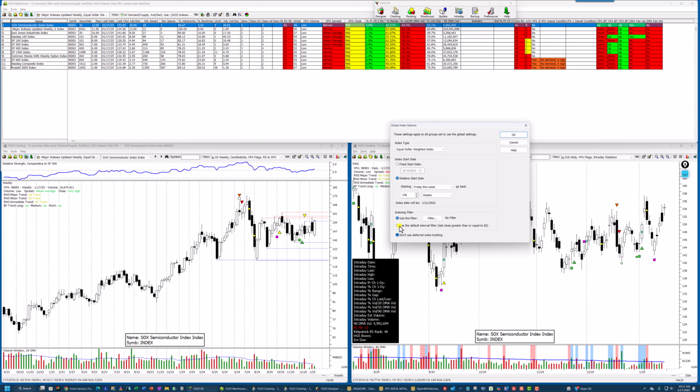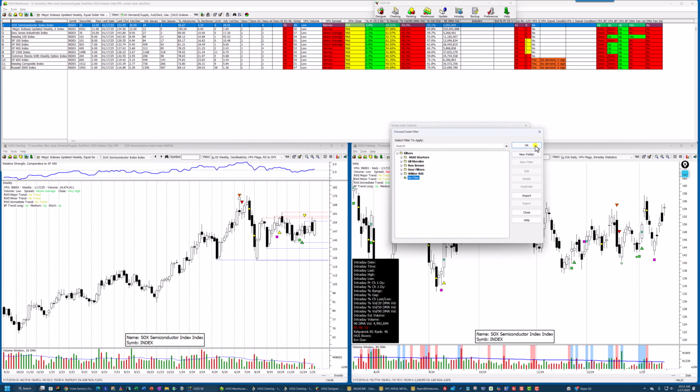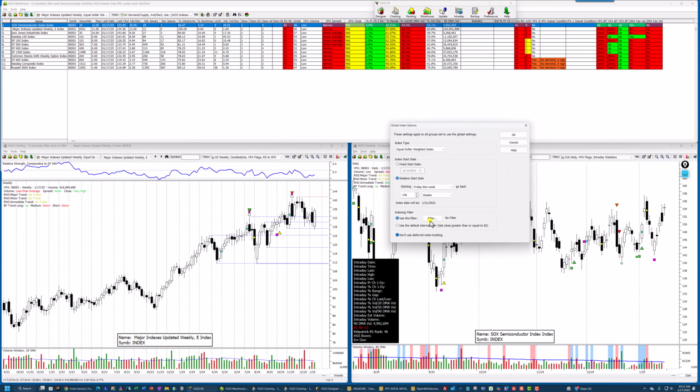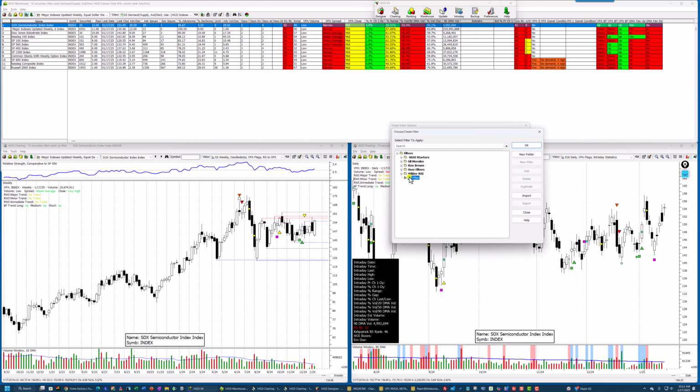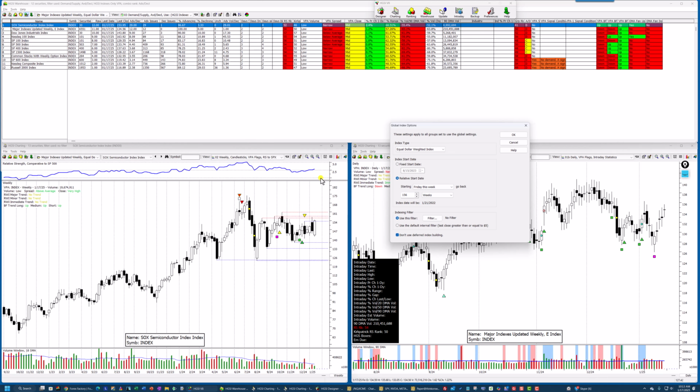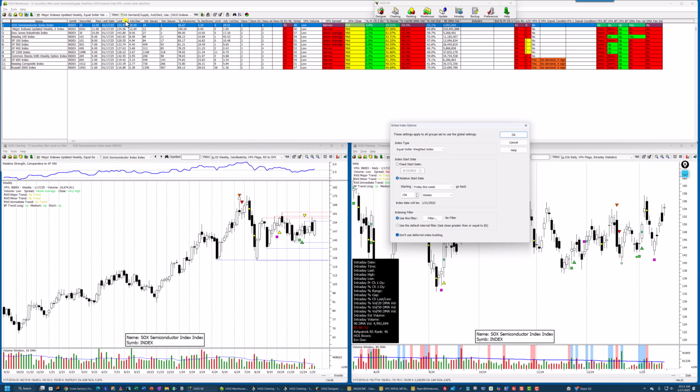That's because it was eliminating stocks that were less than $5. So I have selected no filter. On the filter, just click on that, go down and locate no filter. Then these numbers will be correct, where we have a column that tells the number of securities in a HGSI index.